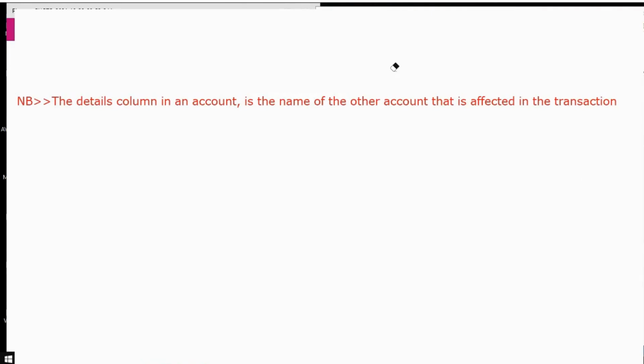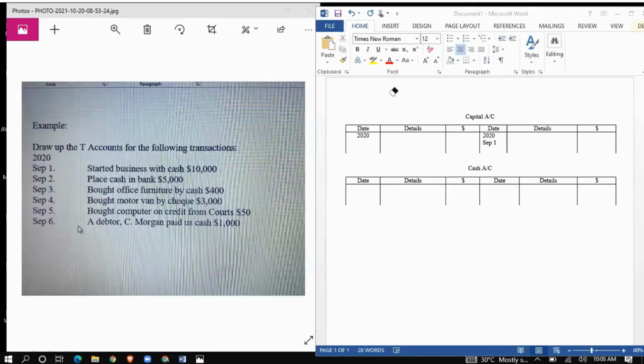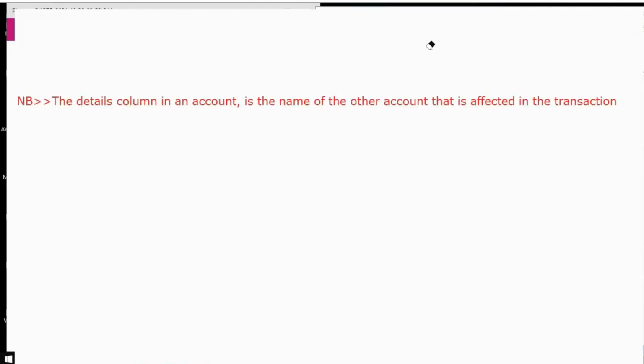Remember, the details column in an account is the name of the other account in the transaction. All right. Let's finish now.